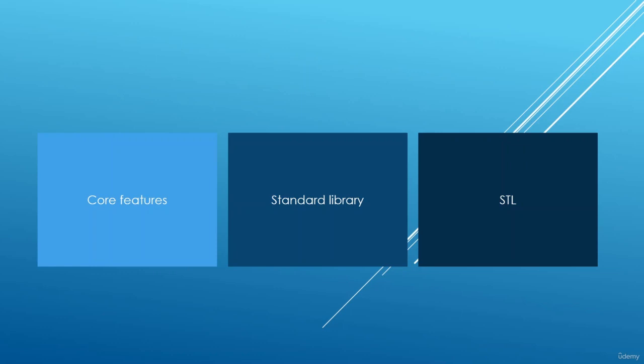We basically saw that the core features are the fundamental blocks on top of which C++ is built. Standard library features are reusable components that we use in our everyday C++ programs. STL is a beast in that it is a collection of containers, algorithms, and iterators that allow us to navigate through those containers, potentially running algorithms on them.